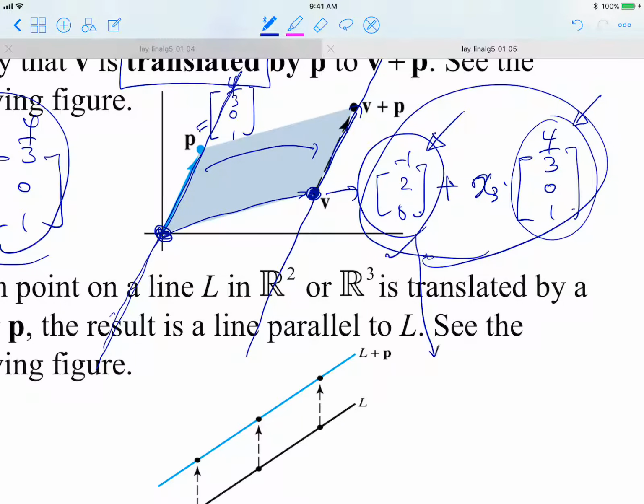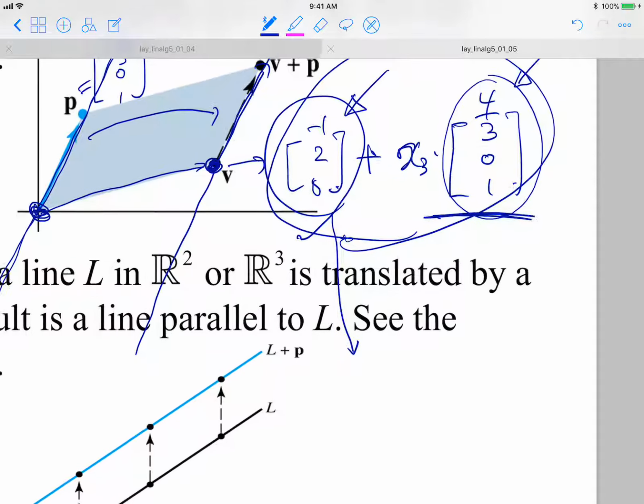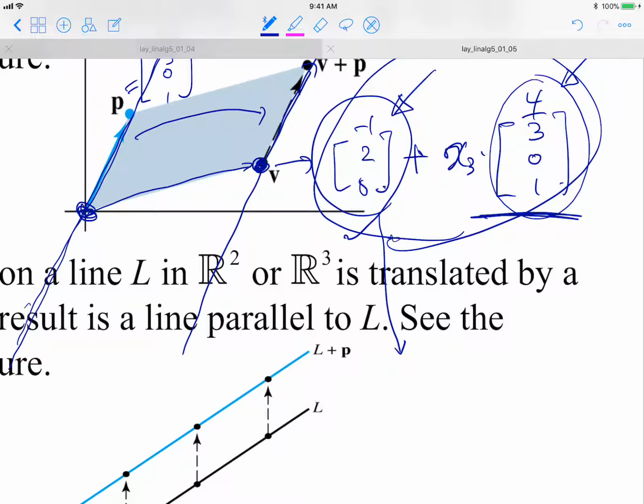So we have this particular point on the line, and this vector is specifying the direction of our line, while the other is specifying a particular point that our line passes through, right? But what about a slightly different form?